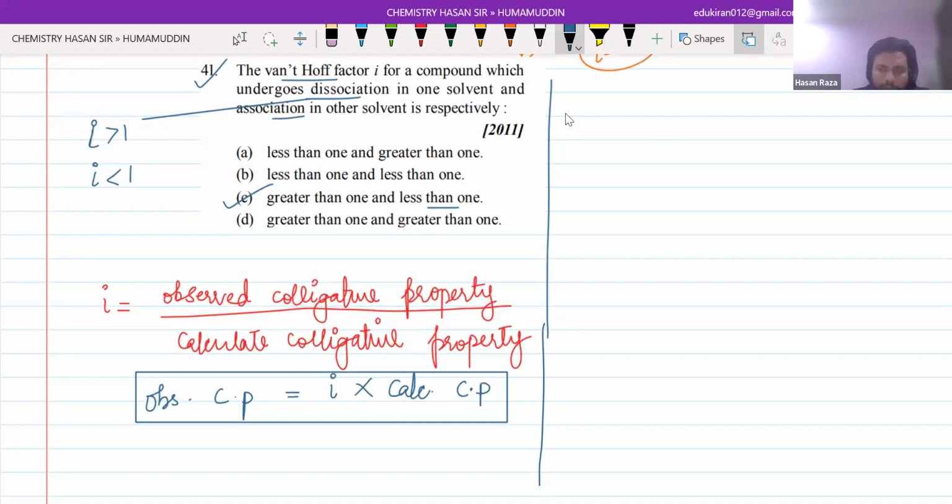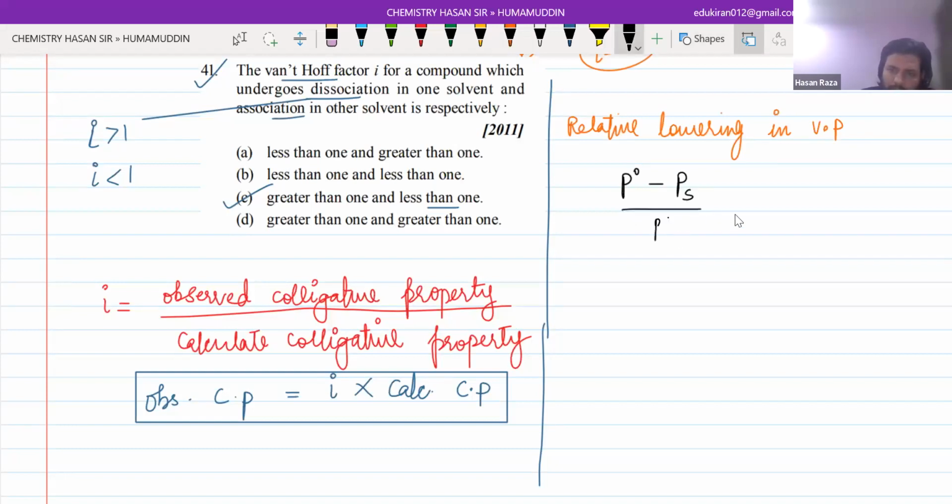Like for relative lowering of vapor pressure, you have the formula (P naught minus Ps), where Ps is the pressure of the solution, divided by P naught, equal to i, the Van't Hoff factor, into the mole fraction of solute.